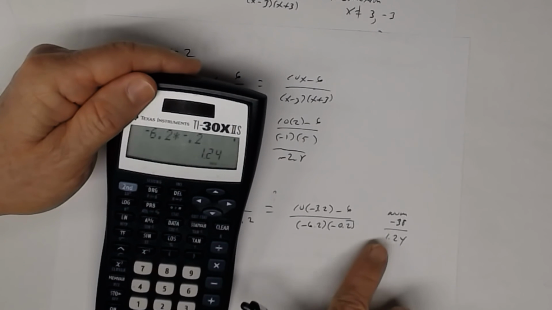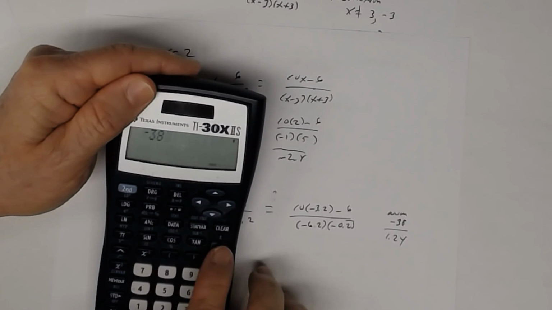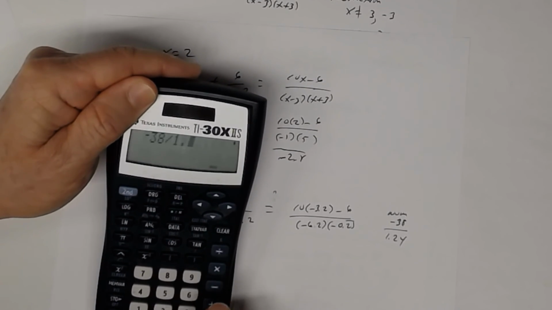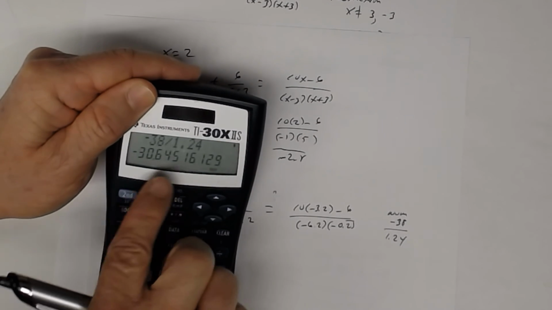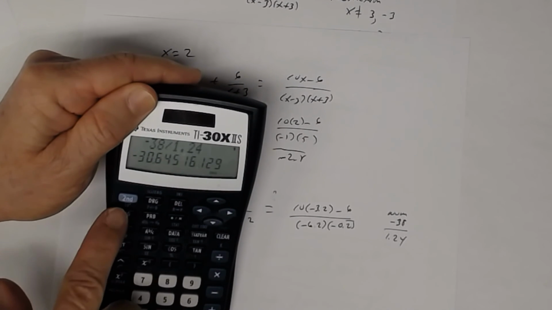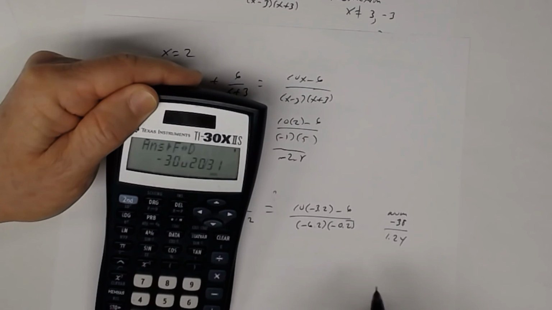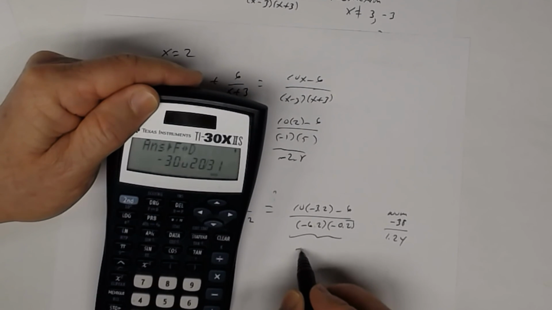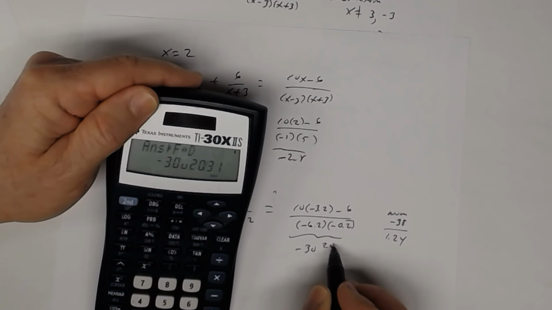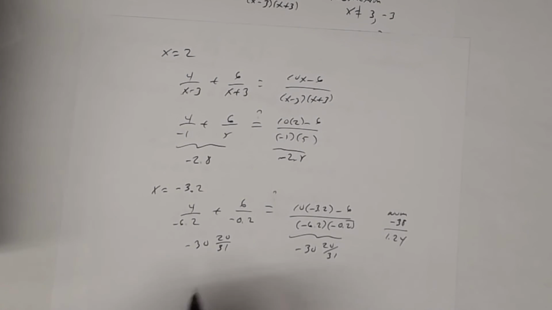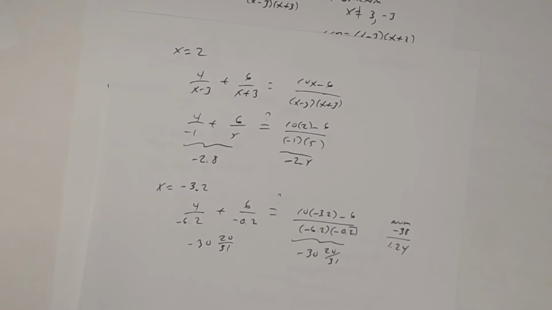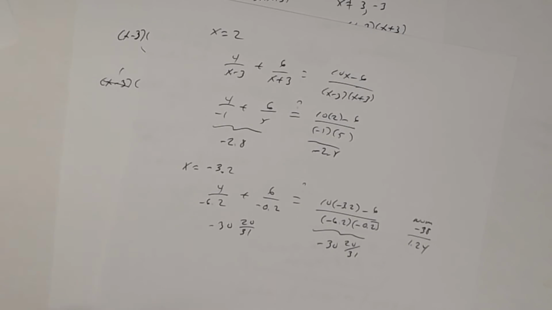So negative 38 divided by 1.24, and then convert that back to a mixed number, and I get negative 30 and 20 divided by 31, which is what this is. Okay. All right. So that was a quick review on solving rational equations.